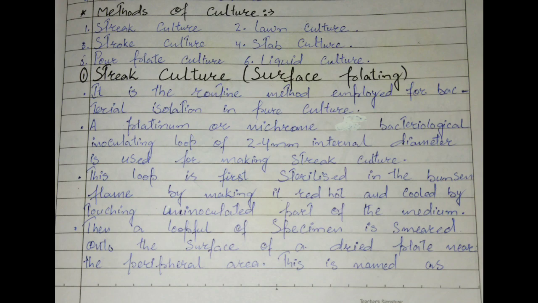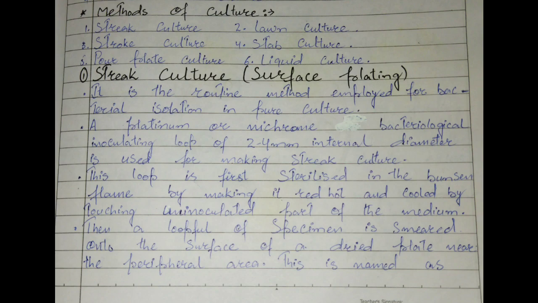This loop is first sterilized in the Bunsen flame by making it red hot and cooled by touching an uninoculated part of the medium. Then a loopful of specimen is smeared onto the surface of a dried plate near the peripheral area.